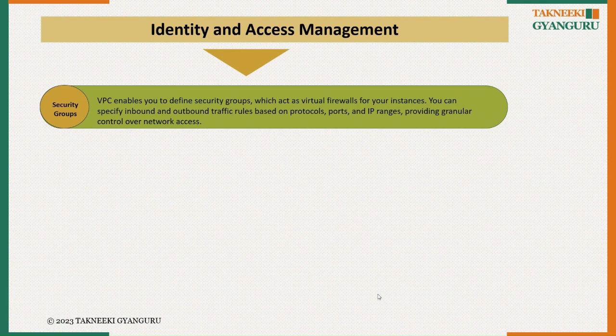Now the security group. So VPC enables you to define security groups, which act as a virtual firewall for your instances. You can specify inbound and outbound traffic rules based on protocols, ports, and IP ranges, providing granular control over network access. It means you can define your inbound and outbound rules, like you want to give access to particular IP addresses, right?